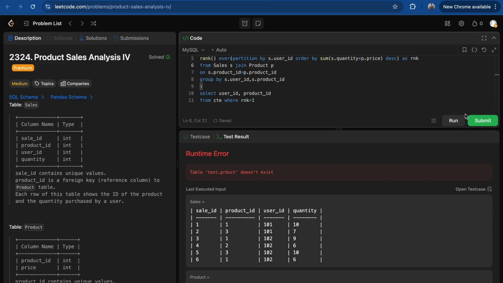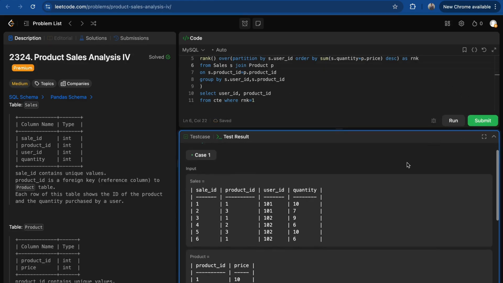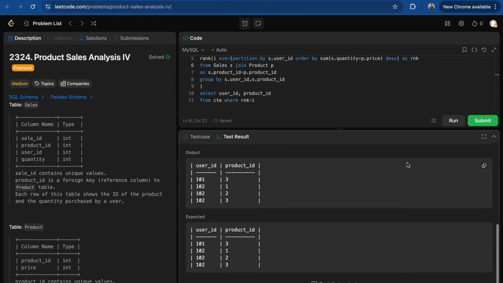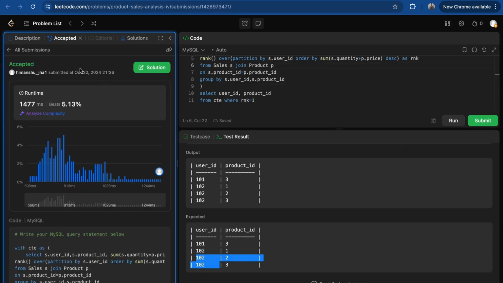It got accepted, so we are getting the expected result. 101 spent $105 on product ID 3, and 102 spent $150 on these products. Let's submit. It got submitted.